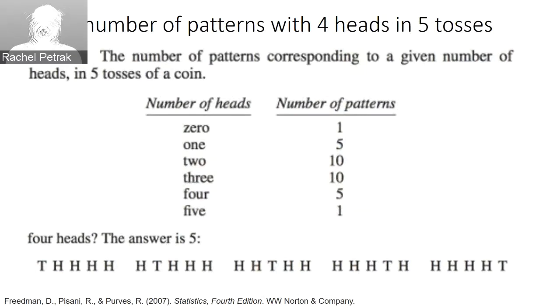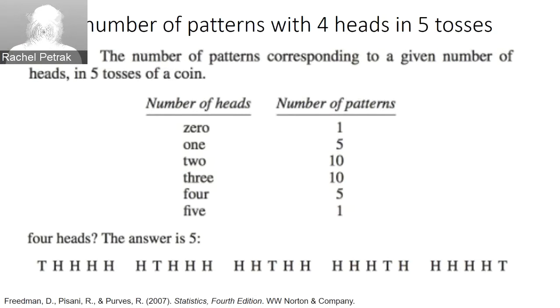We have 5 tosses of a coin. And the idea here, just to help us get ready to conceptualize this whole topic, is to think about how when you toss a coin, let's say 5 times, but really any number of times, you can get a number of patterns that correspond to any given number of heads.